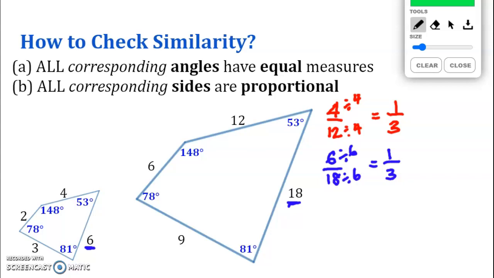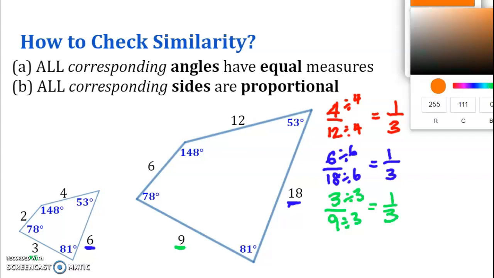Let's look at the next one, 3 and 9. I don't want to write 9 over 3, because I always want to start off with the same shape. So I'm comparing the small to the large, so it's 3 over 9, and I can divide both numerator and denominator by 3, and that is 1/3.